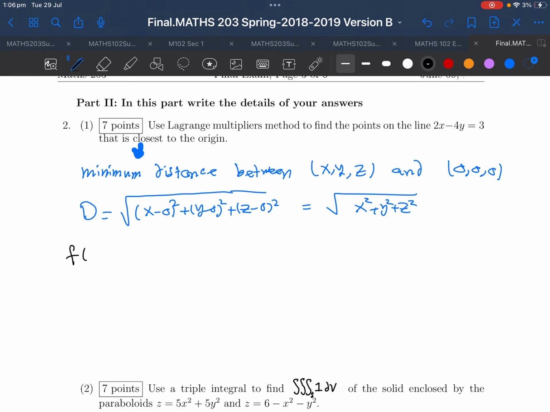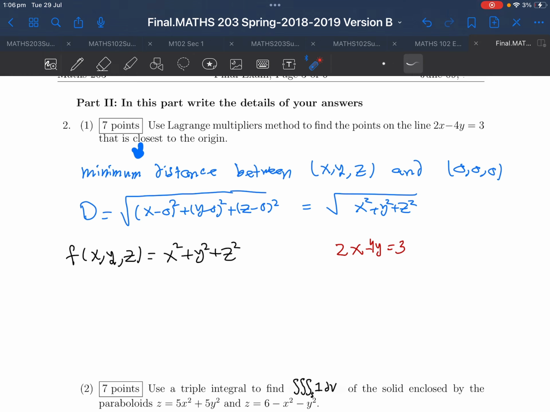We can just assume the function I need to minimize is the one without the square root. And now I have a constraint, which is this one. So we have a function and we have a constraint.